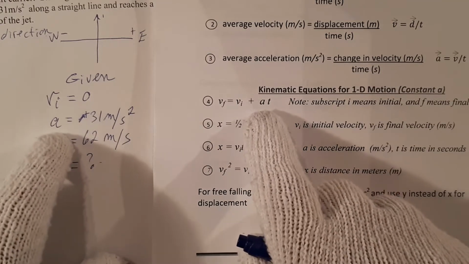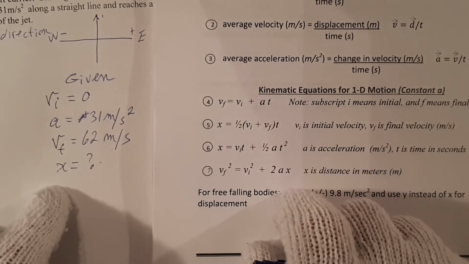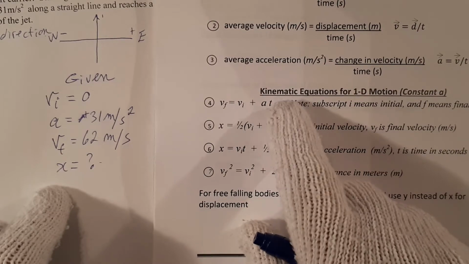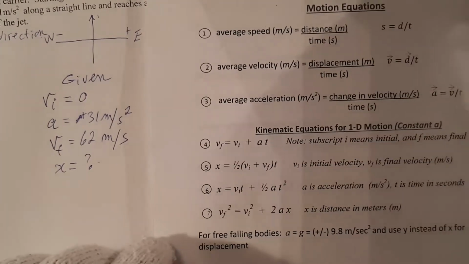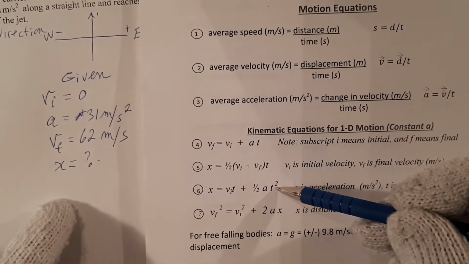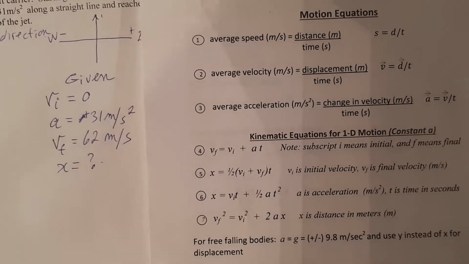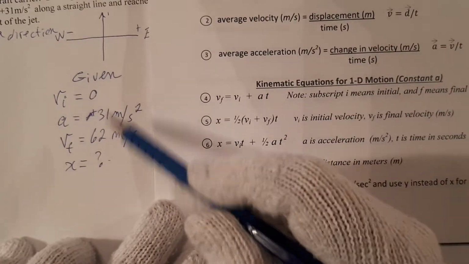Acceleration is also available. And we need time, but time is not part of our given list. So we can't use equation 4. Equation 5 also requires time. So we can't use equation 5. And equation 6 also requires time. Little t represents time. We don't have time in our list.